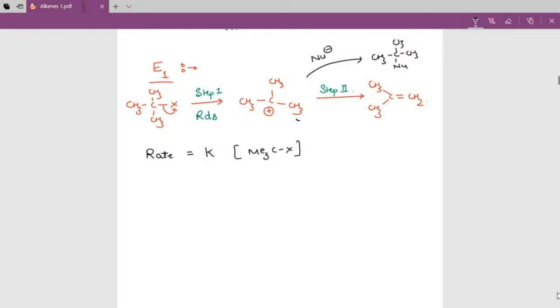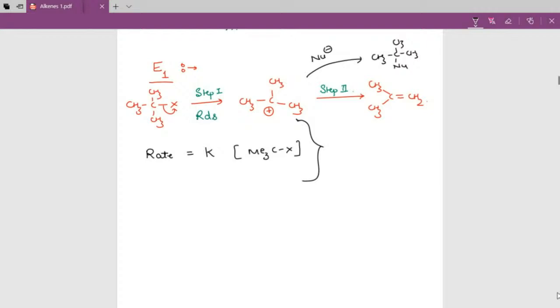Now, which one will dominate? We have seen that yes, there is a possibility of nucleophilic substitution, there is a possibility of elimination, and to make our things worse, both have the same RDS, both have the carbocation formation as RDS.